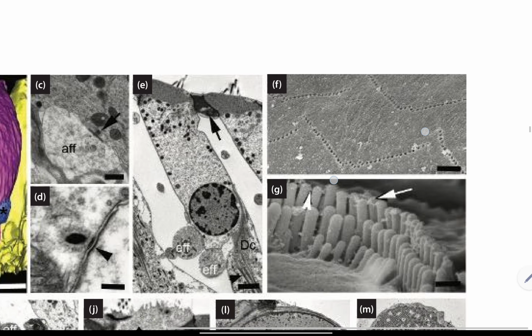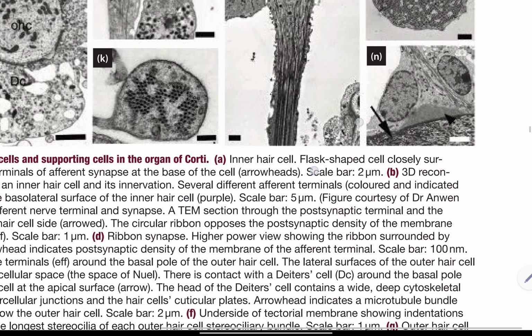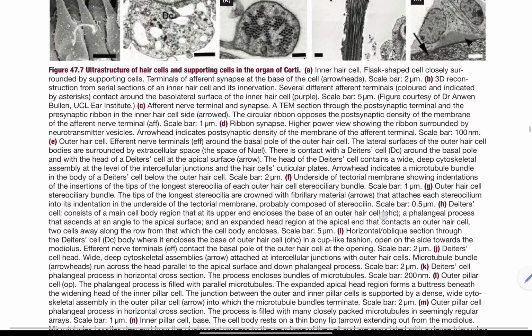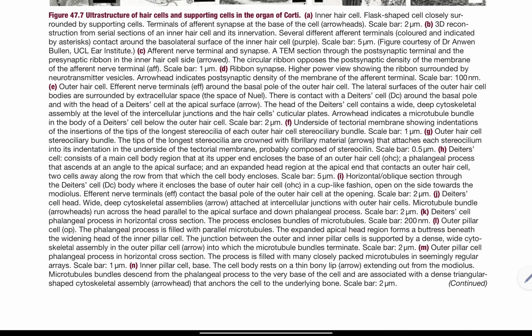Figure F. Underside of the tectorial membrane showing indentations of insertions of the tips of the longer stereocilia of each outer hair cell stereociliary bundle. Scale 1 millimeter.